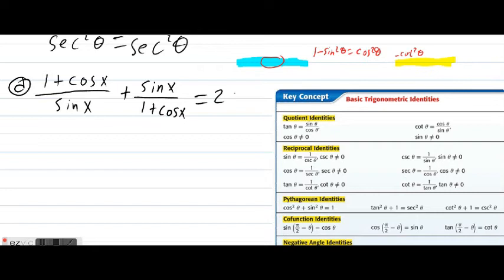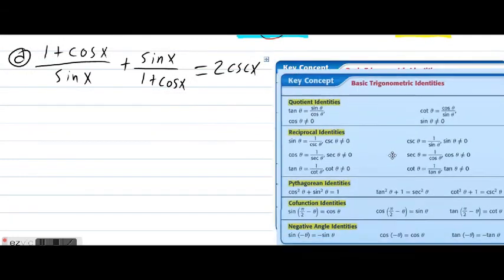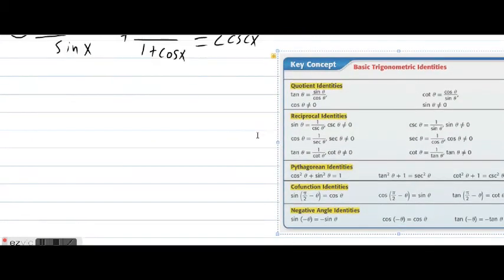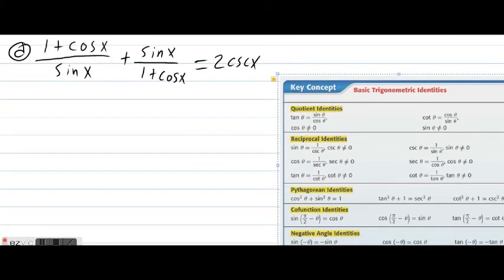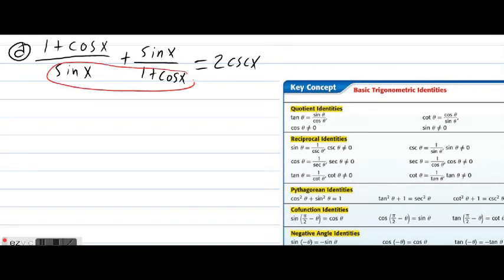And I want you to prove that this is equal to 2 cosecant of x. And the thing I want you to start off with is get those fractions added.